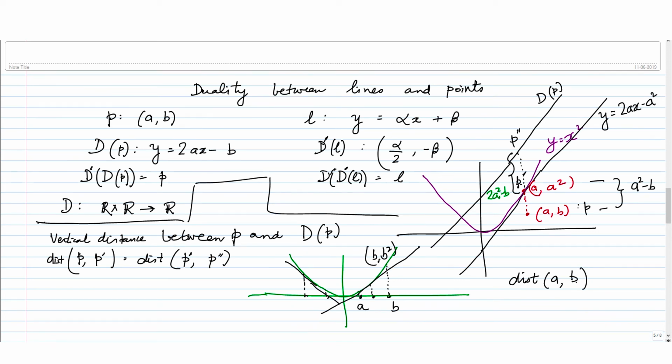okay, and the distance between this point and this line, okay.